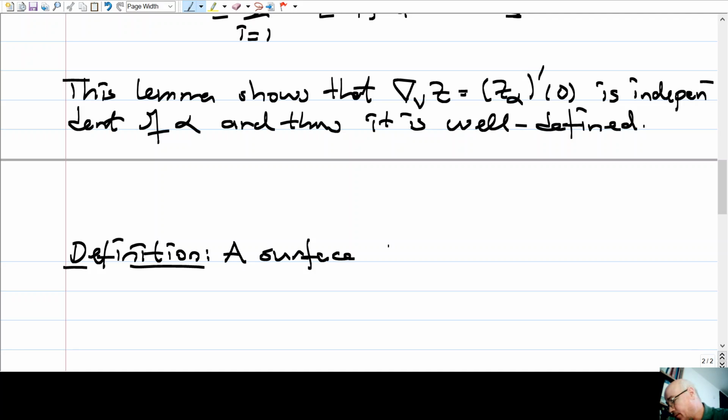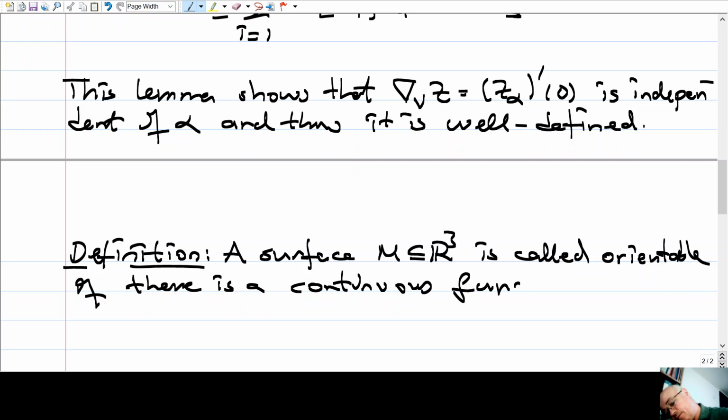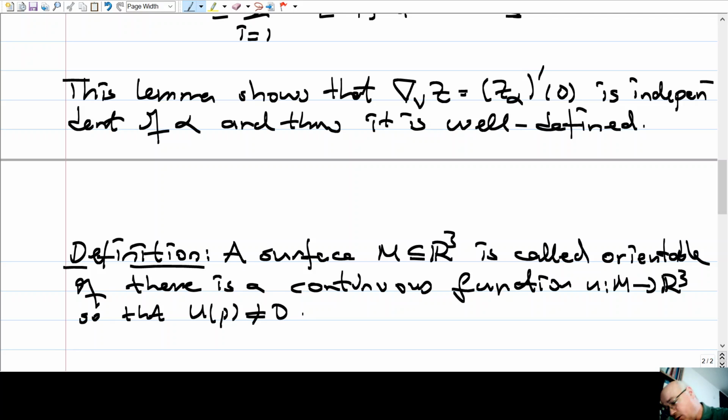A surface M in R3 is called orientable if there is a continuous function u from M to R3 so that u(p) is never zero and it is perpendicular to the tangent space of M for all points p in M.